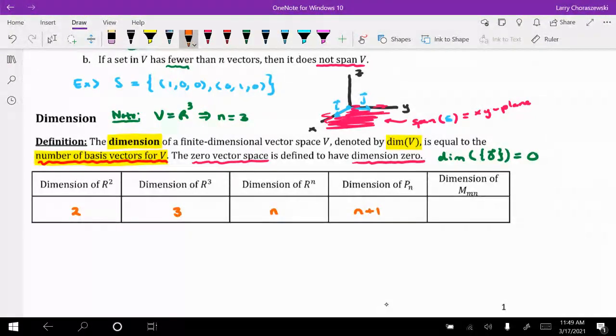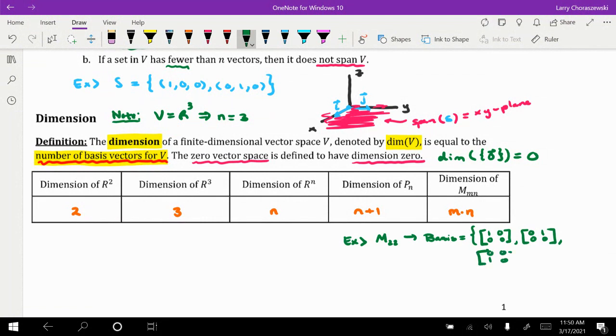Now, the dimension of the set of all matrices that have a size m by n is equal to the product of m and n. And to illustrate that, we looked at a basis for m sub 2 yesterday. The basis for it had 4 matrices. Here was the first one. Here's the second. Here's the third.